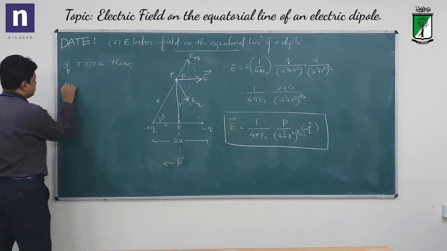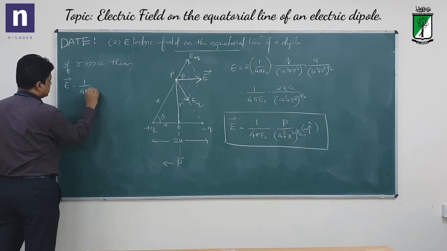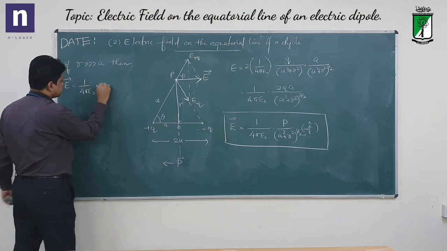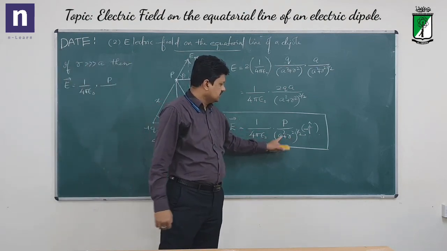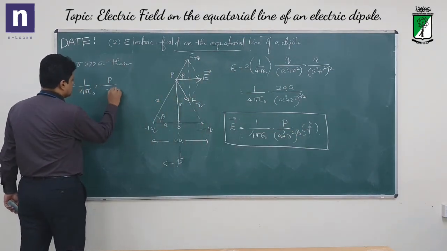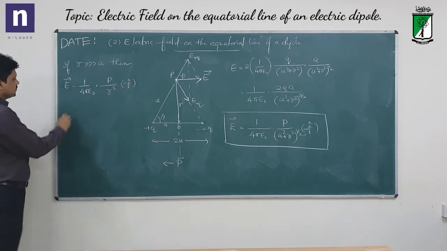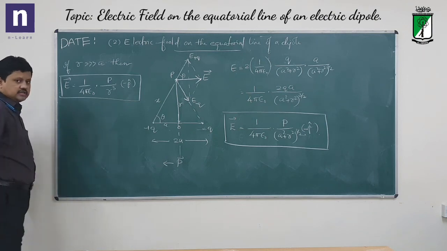So thereby we will find the net field is equal to 1 by 4 pi epsilon naught into P divided by, what is this? r is large, a is small, so a goes, so r square power 3 by 2, which is r cube, minus p cap here. So this is the electric field on the equatorial line.